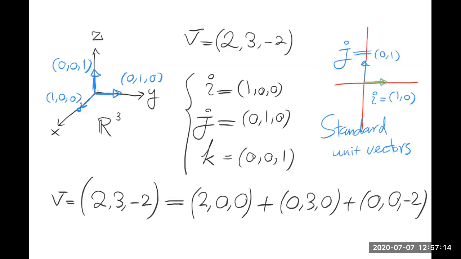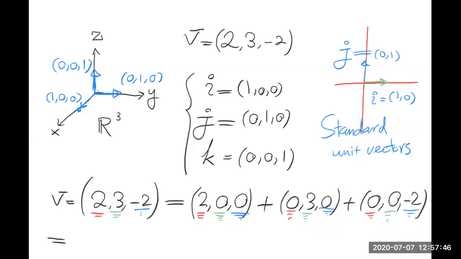So I add the first components: 2 plus 0 plus 0 is 2. Then the second components: 0 plus 3 plus 0 is 3. Then the third components: 0 plus 0 minus 2 is -2, right? So I can do that.